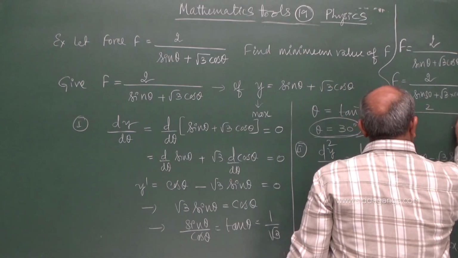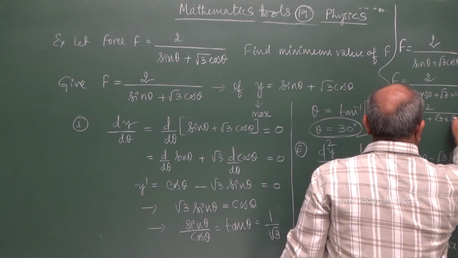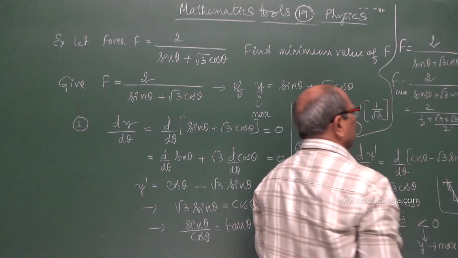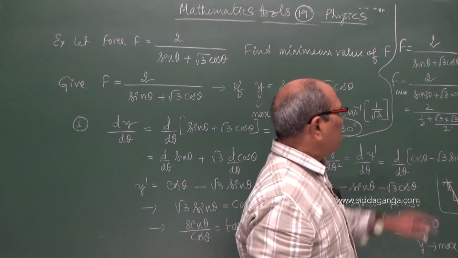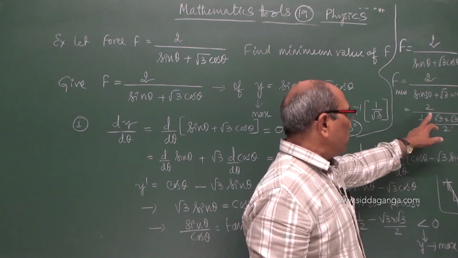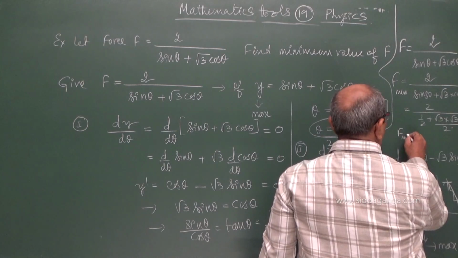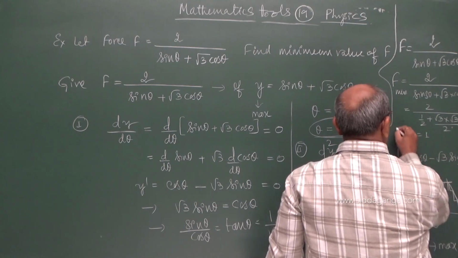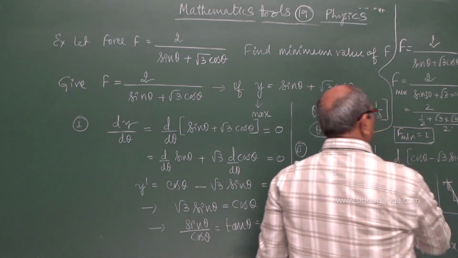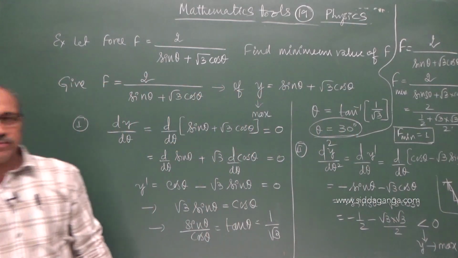That is 2 divided by half plus root 3 into root 3 by 2. If you take it, 3 by 2 plus 1 by 2 is 4 by 2, becomes 2, 2 by 2. If you simplify, f minimum is equal to 1. This is the answer, the minimum value of f, the final answer we arrived at.